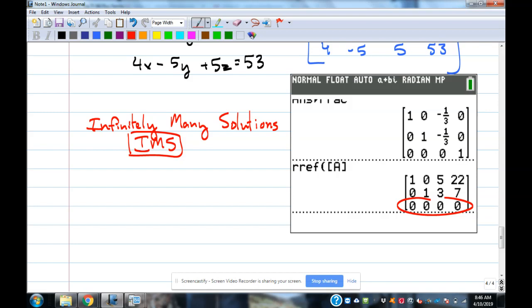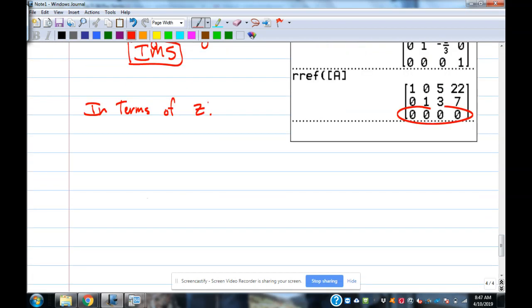Now, because it's infinitely many solutions, here's what we have to do. Let's do this one in terms of Z. When I get done, I'm going to have an ordered triple, and it's only going to have Z's in the expressions.